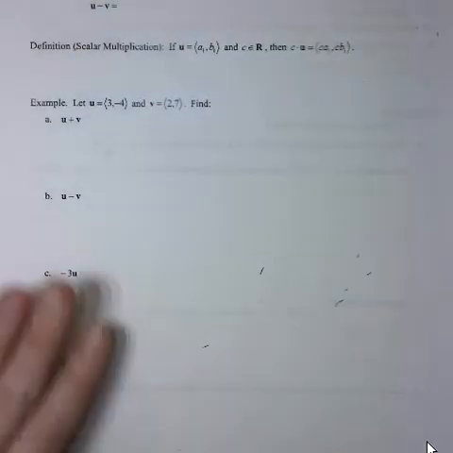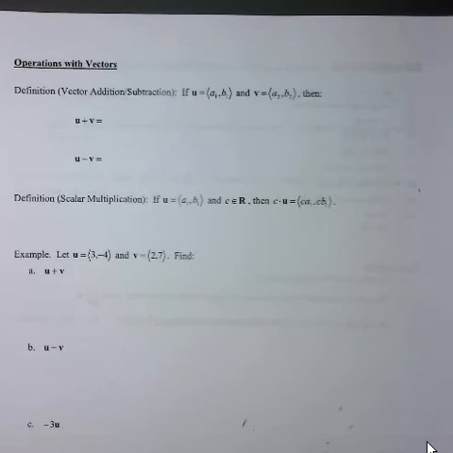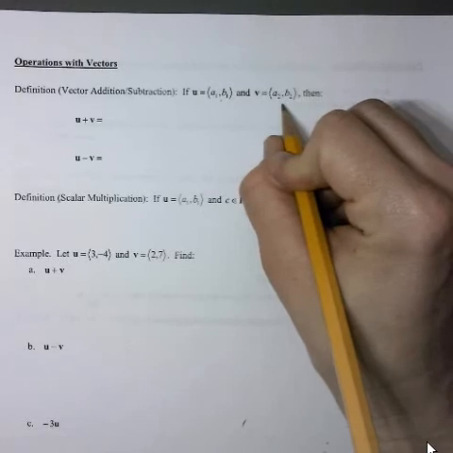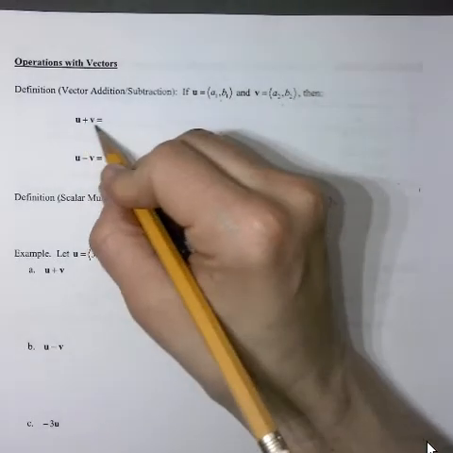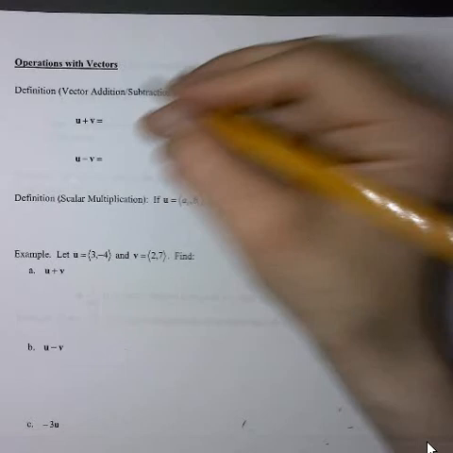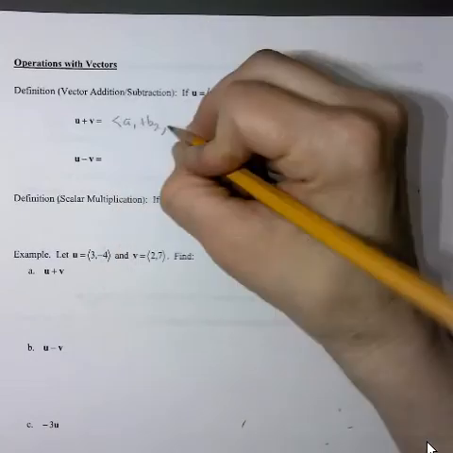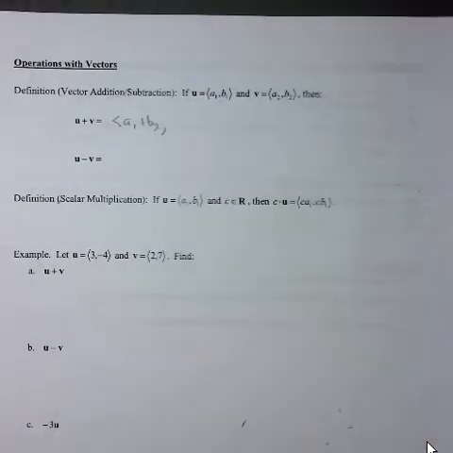All right, so let's talk about operations, because we talked about addition and subtraction geometrically, but if we have position vectors, we can actually do some operations. So if u is this position vector and v is this position vector, the resultant vector from the addition will just be adding up the corresponding components, except this should be a B1.